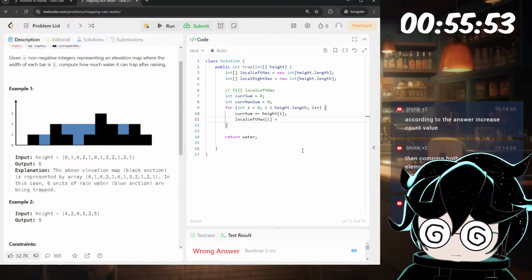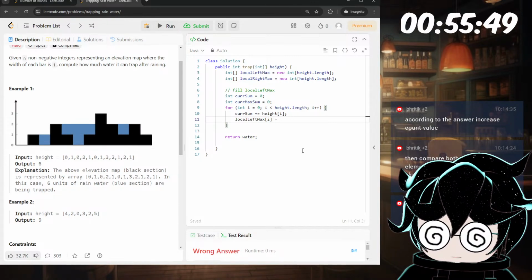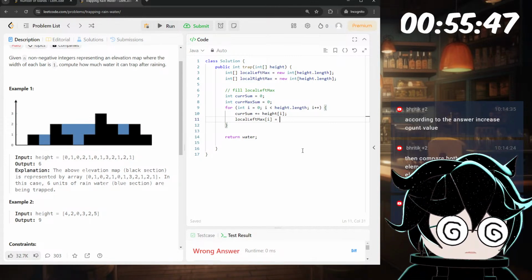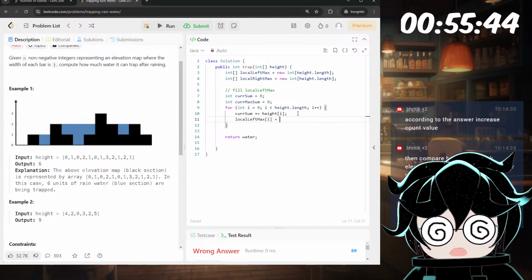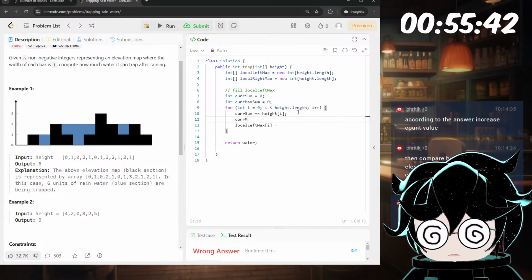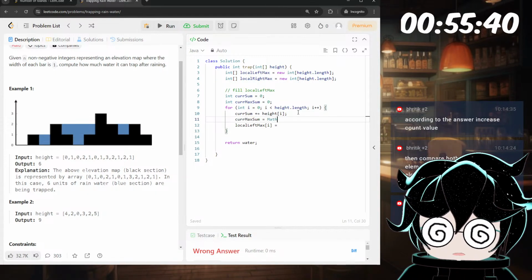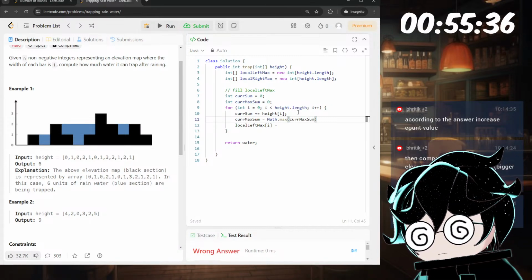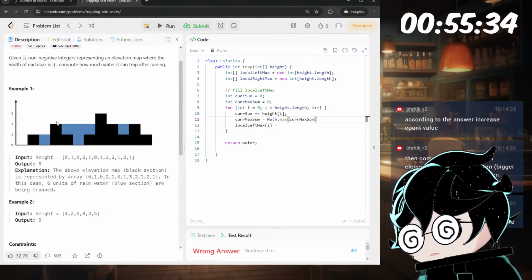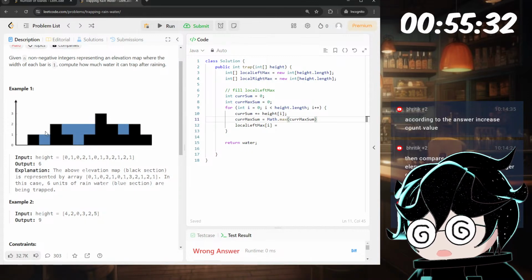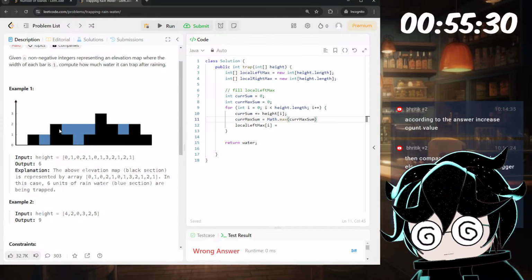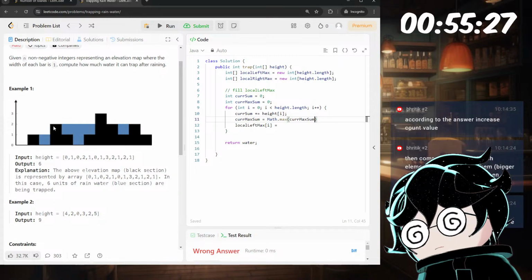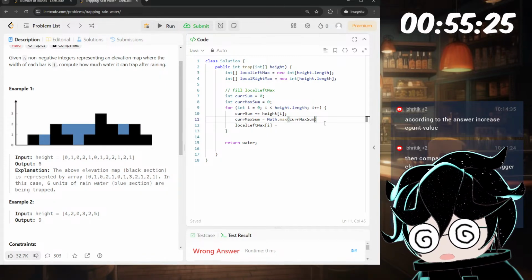Current sum. Oh, I have to calculate the current max sum too. Current max sum is equal to math.max current max sum. Oh, okay, so it doesn't matter if I'm bigger than my left too, because if I'm bigger, then there's no water here anyways. Okay, I think that makes sense.